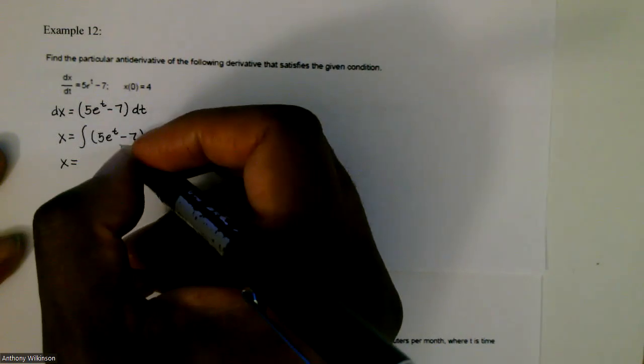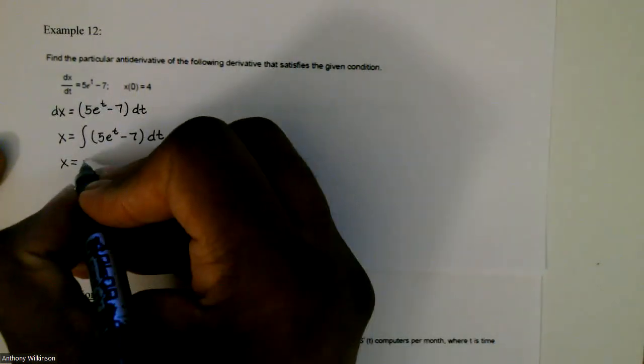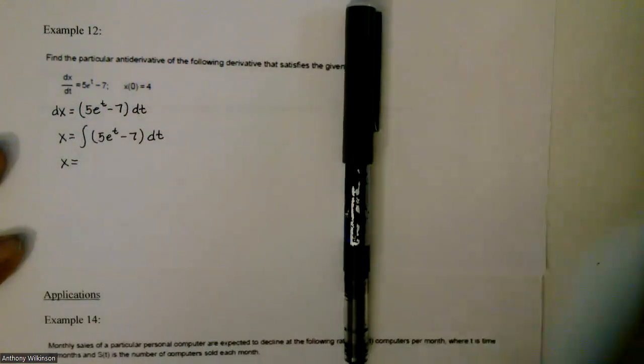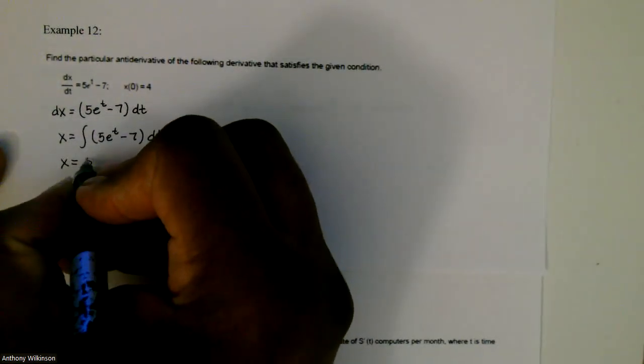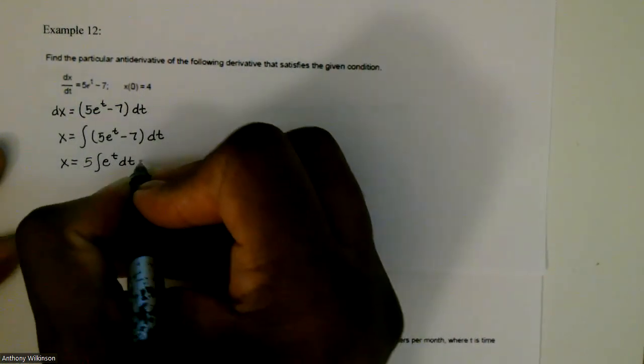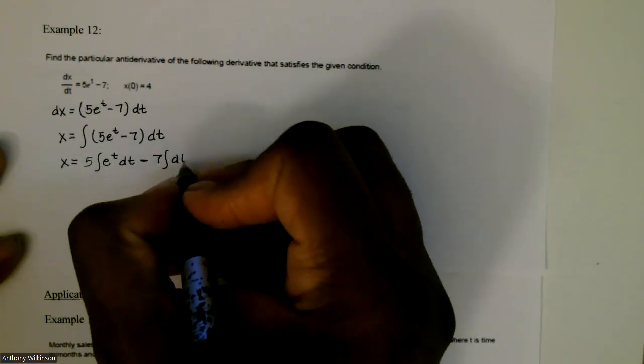Then we'll integrate each part since I have a minus sign in between the two terms here. I'll write this as the integral. In fact, since that 5 is a constant, I'll put the 5 in front and then take the integral of just e to the t dt minus, and then the 7 can go in front of the integral of dt.